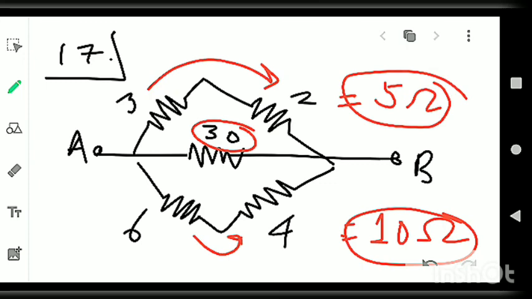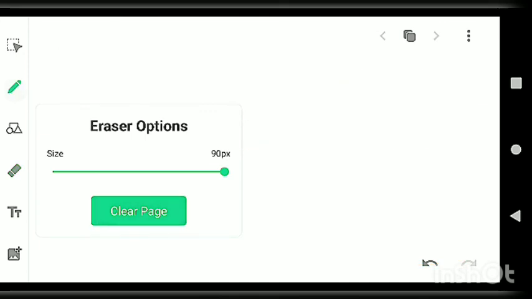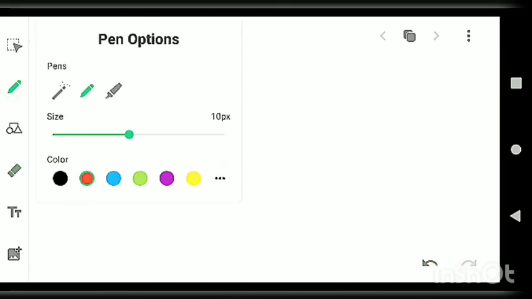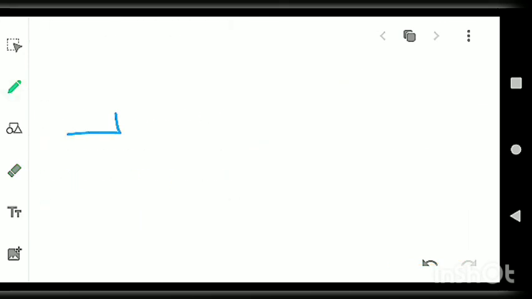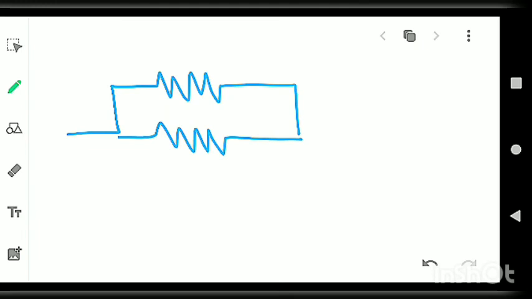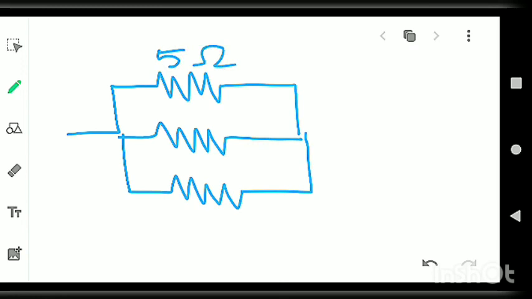So we can make the easier, reduced circuit like this. This is 5 ohms, this is 30 ohms, and this is 10 ohms.